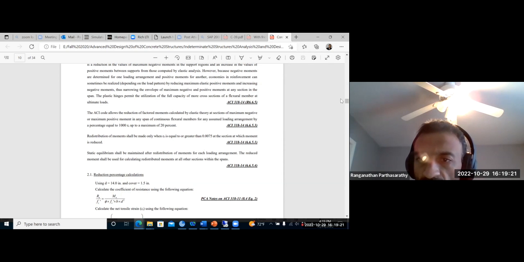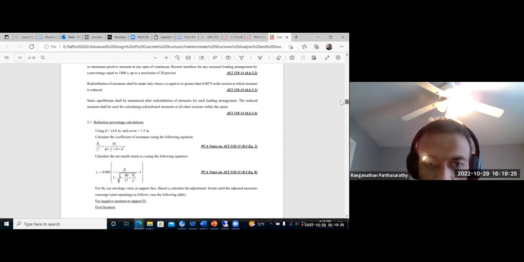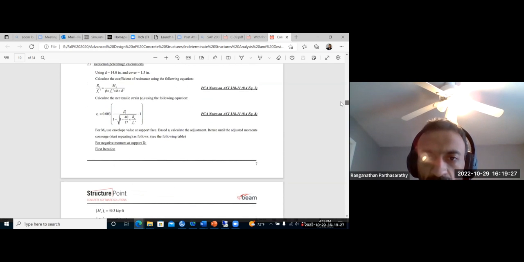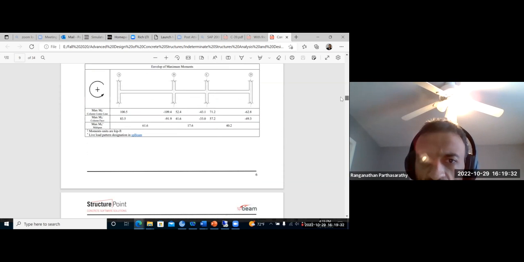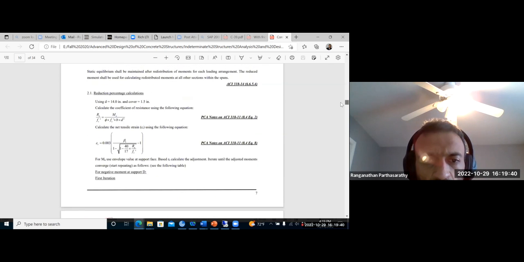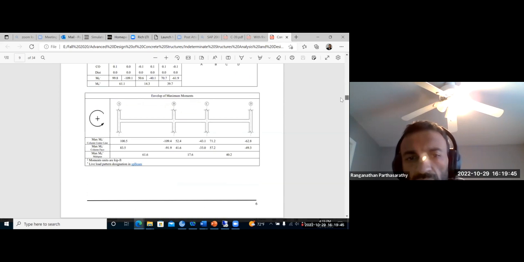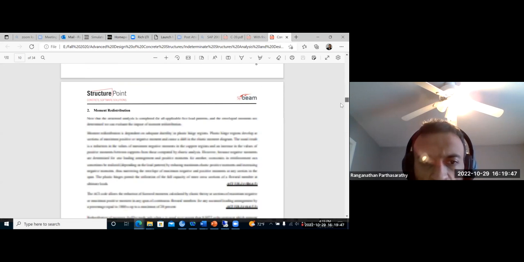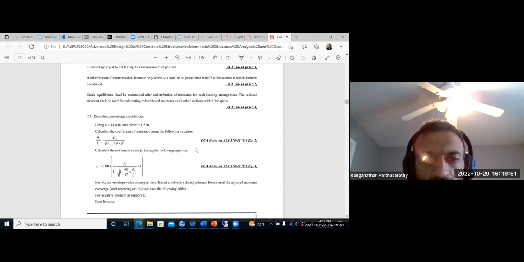So we went over the way that they are doing these calculations, and we also did one sample calculation, for the negative moment at support D. So I will just go over that briefly.